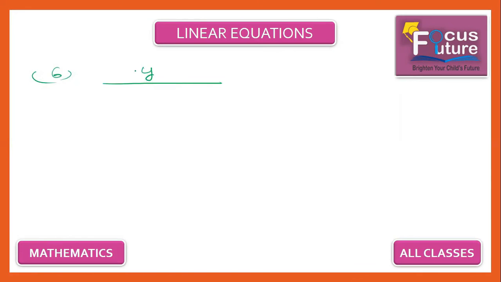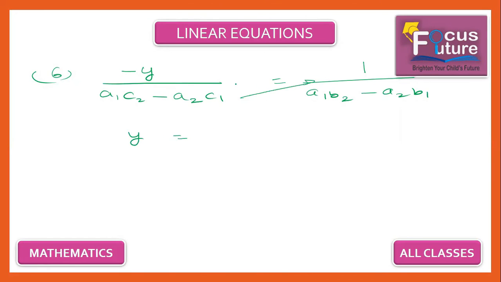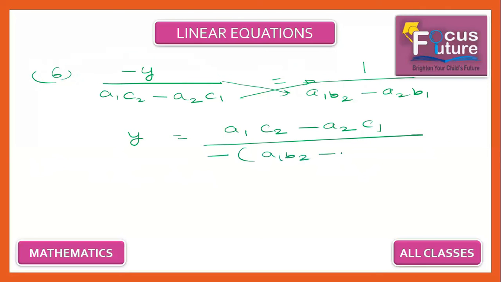So minus y divided by a1 c2 minus a2 c1 is equal to 1 divided by a1 b2 minus a2 b1. So your y would be, cross multiplying, a1 c2 minus a2 c1 divided by minus, a1 b2 minus a2 b1.